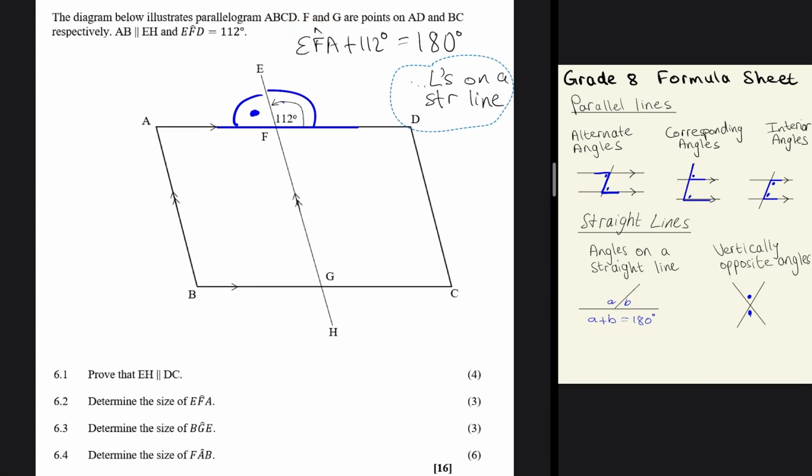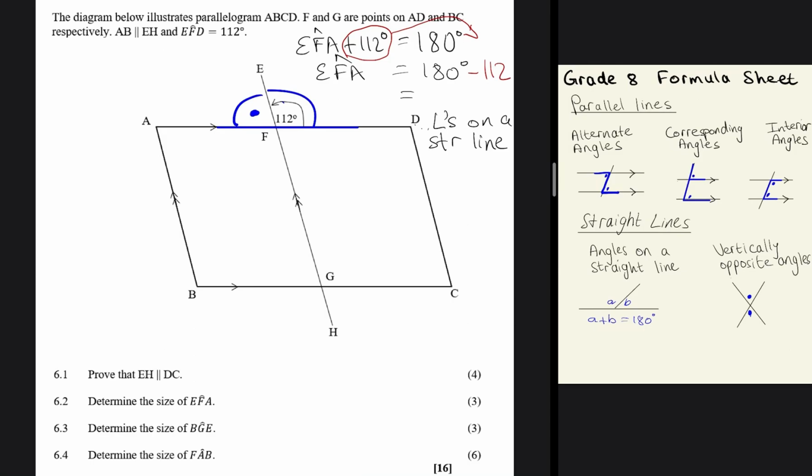So we take the EFA, put it alone, and then equals 180 degrees. But now this plus 112, we want to move over to the right hand side. And if we move it over to the right hand side, the plus 112 now becomes minus 112. And now you just do the calculation, 180 minus 112 degrees, that will give you 68 degrees. And that will be this angle over here, now 68 degrees.